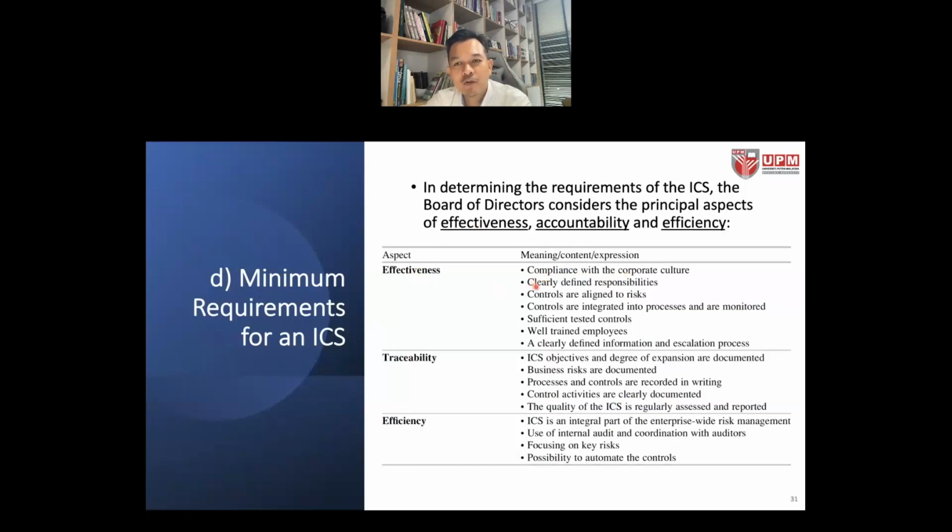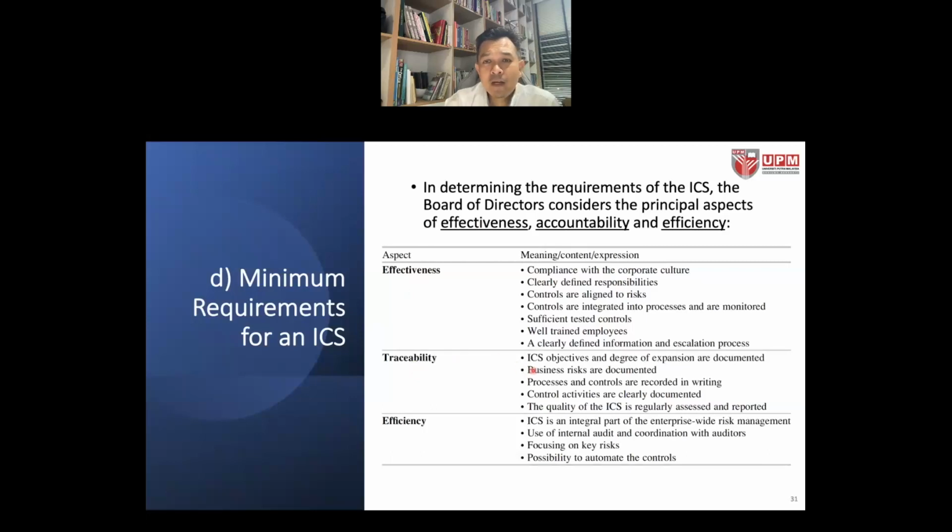Normally, compliance with corporate culture, clearly defined responsibility, controls aligned to risk, controls integrated into processes and monitored, sufficiently tested controls, well-trained employees, and a clearly defined information and escalation process. That's how you gauge whether the company has an effective internal control system.